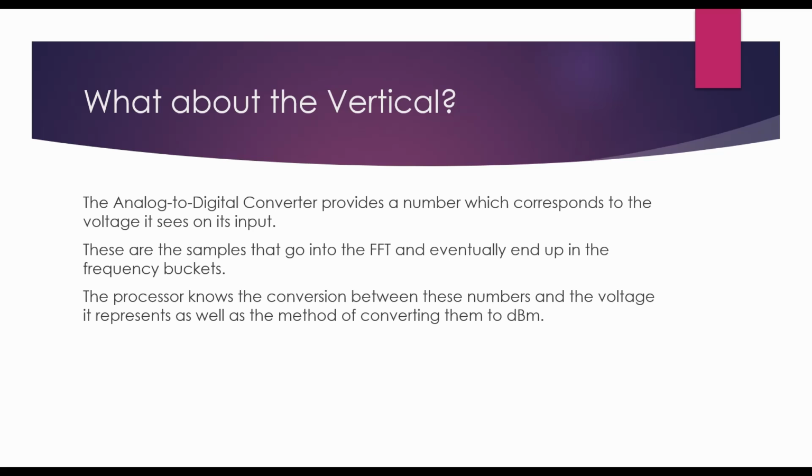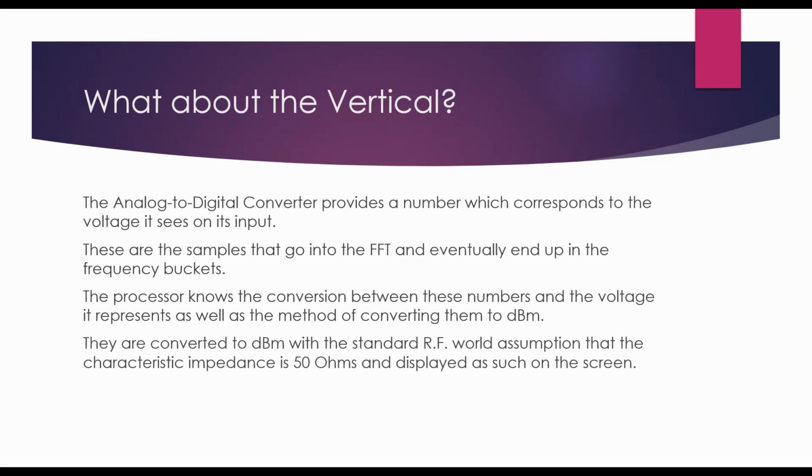Now, the processor knows what the conversion has to be between these numbers and the voltage that they represent. It also knows how to convert voltage to dBm. And so they are converted to the decibels with the standard RF world assumption that the impedance is going to be 50 ohms, and that is what we see on the screen.